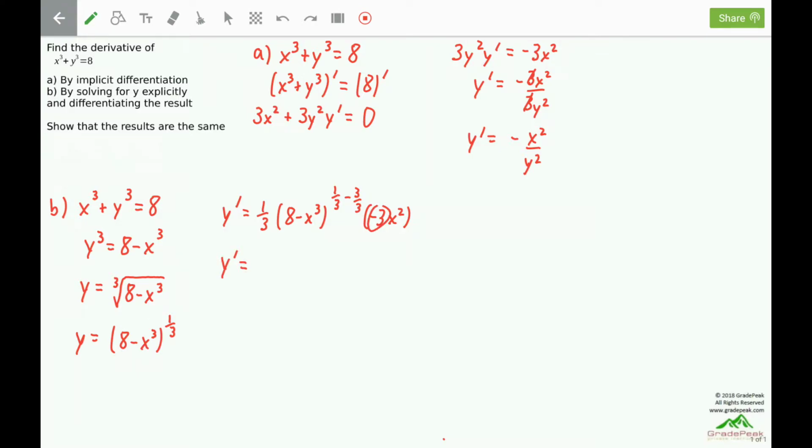We can multiply this constant and this constant. Everything's multiplied here. That will give us a negative 3/3. We can also move this x squared out to the front. And then we have the 8 minus x cubed to the 1 minus 3, negative 2/3 power. 3's can cancel.